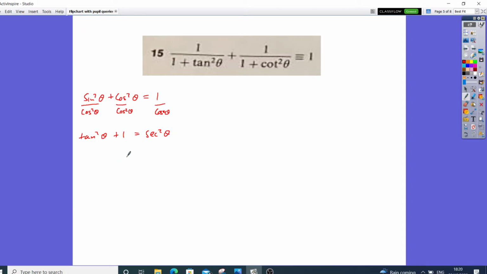Okay, so we've got that. So I can replace that with 1 over sec squared theta.